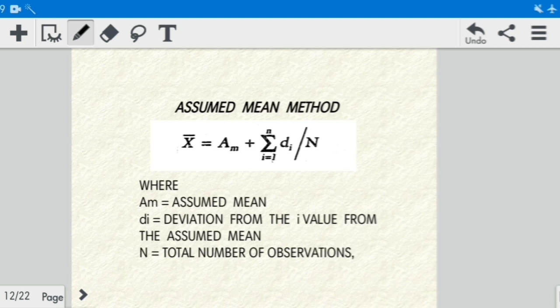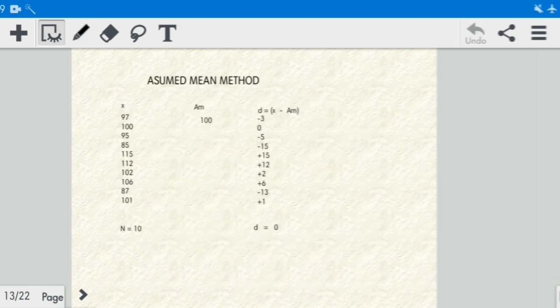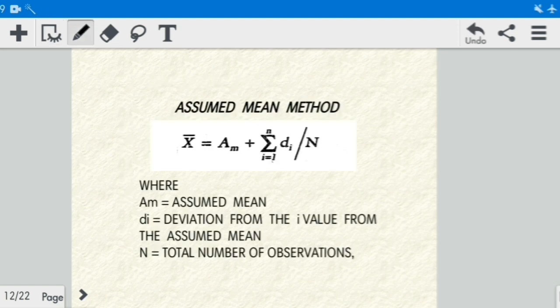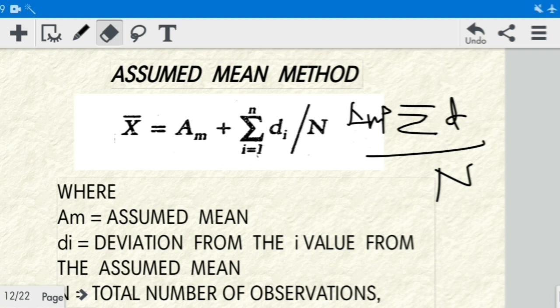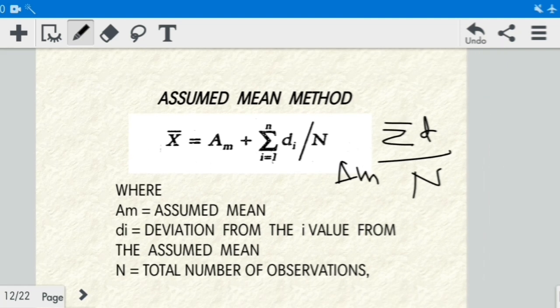Easiest method: AM plus summation d by n, where AM equals assumed mean, d or di is the deviation of the i-th value from the assumed mean, and n is the total number of observations.